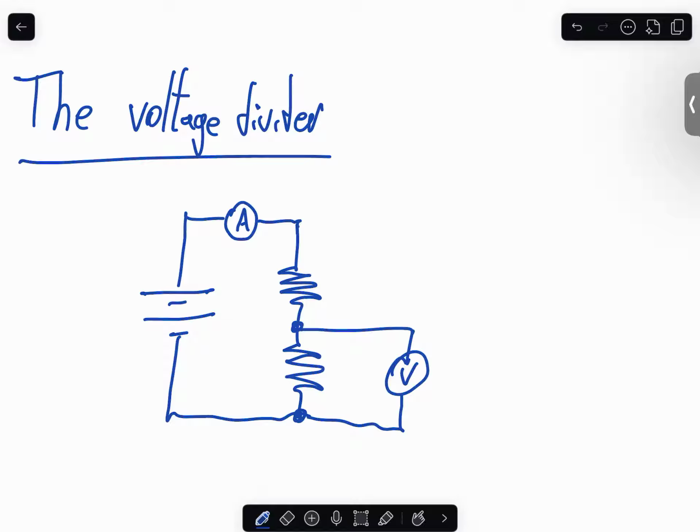Tell me this, Google question E. Series, parallel, both, or neither: the ammeter and top resistor?